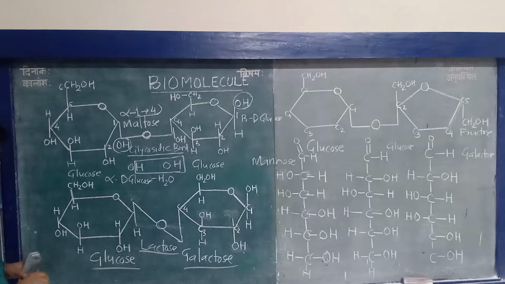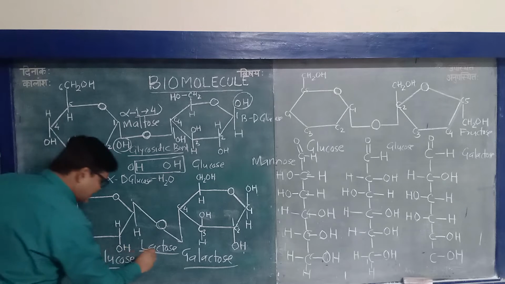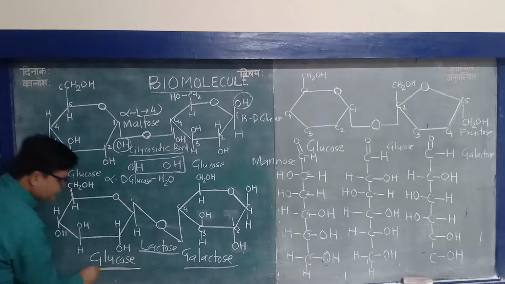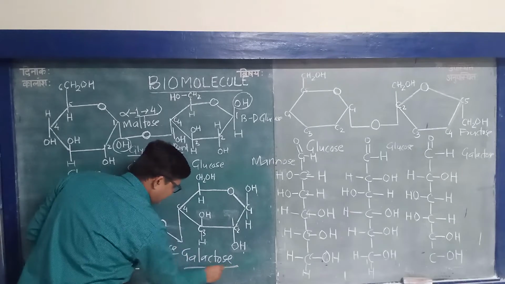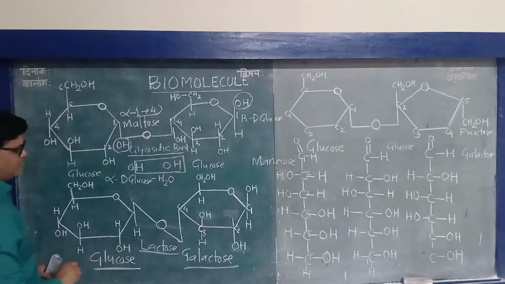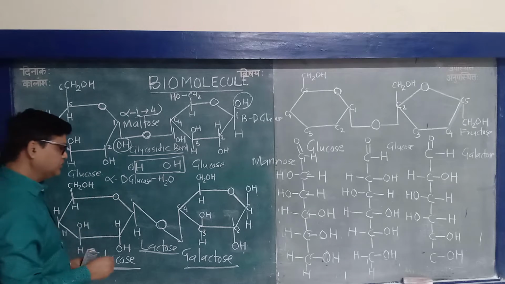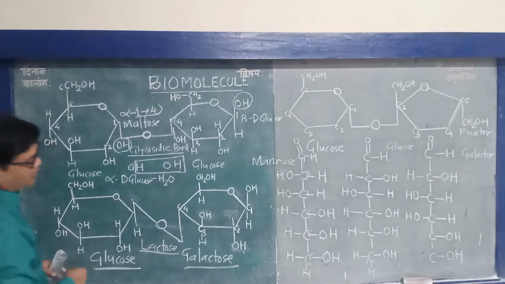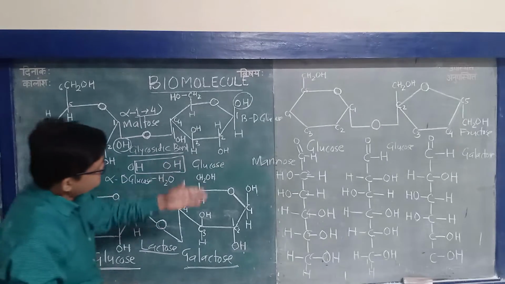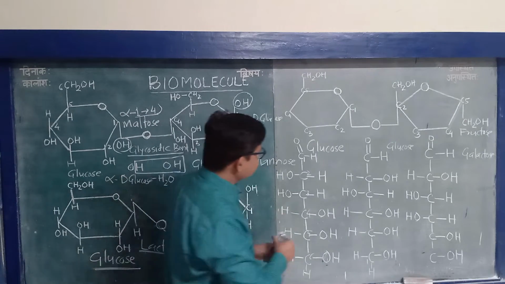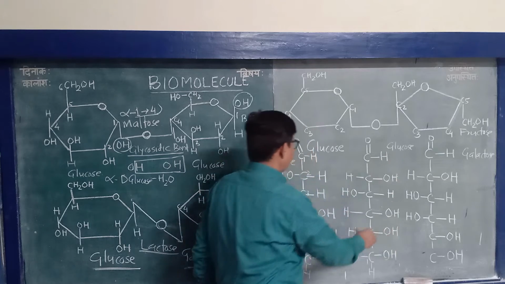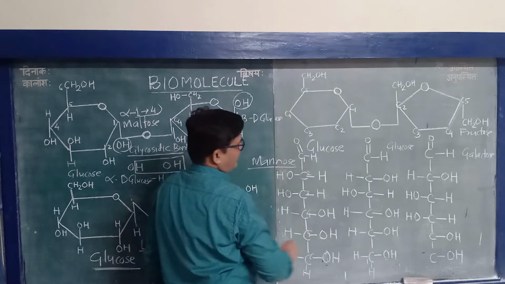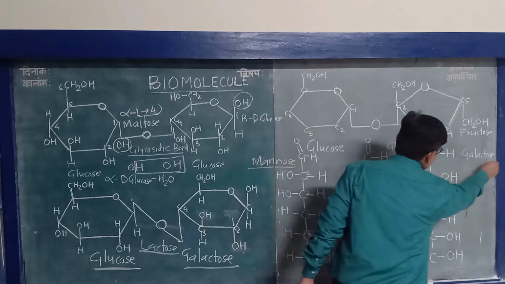But if we see lactose, that is milk sugar, it is made up of glucose and galactose. How can we differentiate glucose and galactose? If you see the open chain structure, this is glucose, this is mannose, and this is galactose.